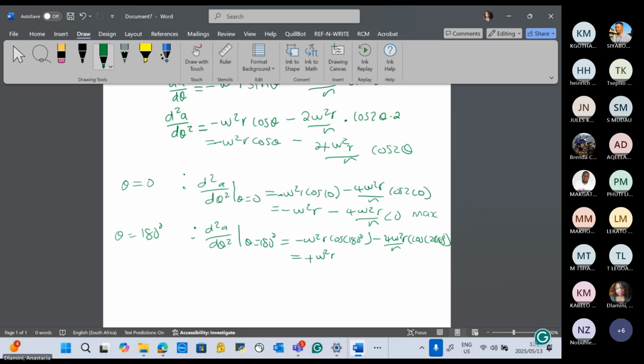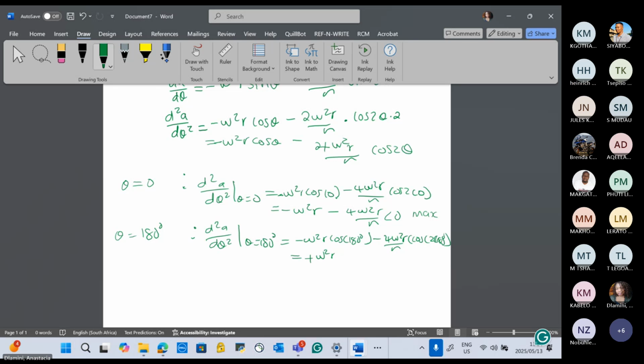Then it will be plus the other term, 4w squared r over n. Would it be plus? Yes, ma'am.